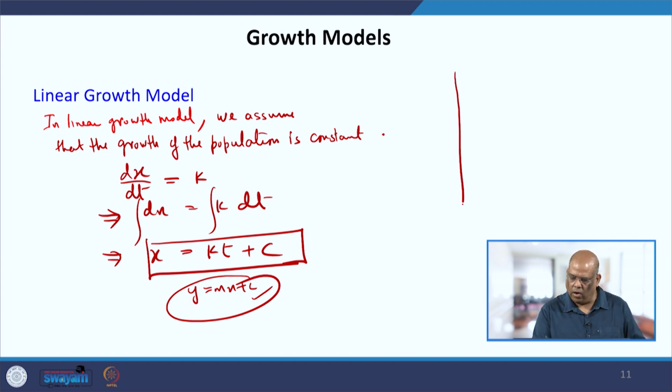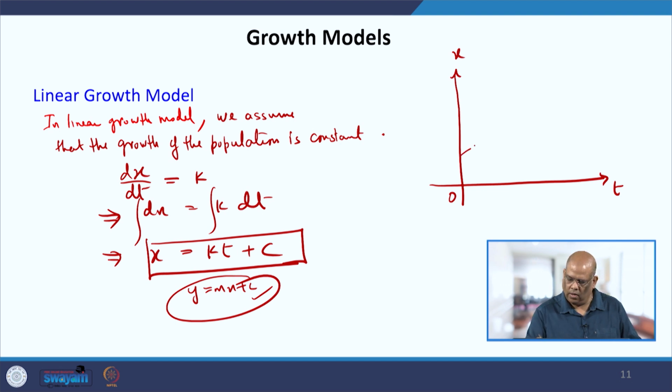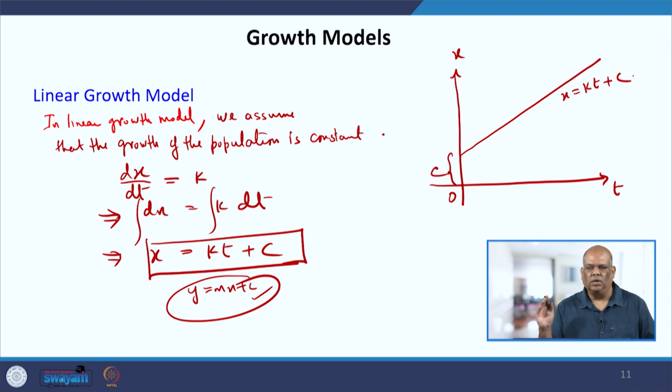If you plot the graph, you will get a straight line where this is your c, assuming that c is positive, and this is x equal to kt plus c. So, this is a linear growth model.